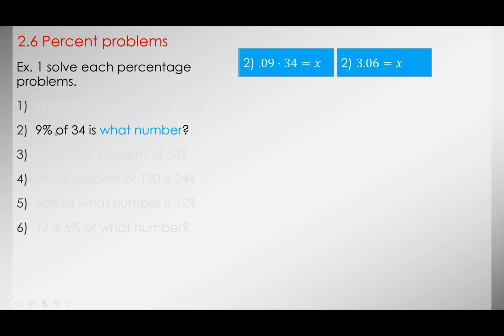It's not that you pay $3.06, right? You have to take 34 minus this, which is $30.94 that you pay, but you save $3.06, okay? So that's the idea of the percentage, right? We try to see what we save or what we pay, okay?